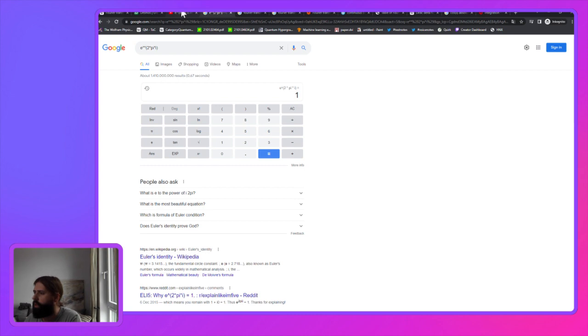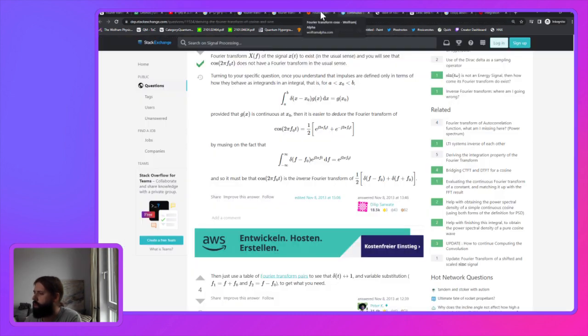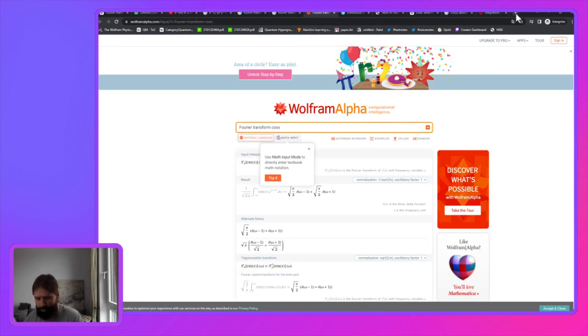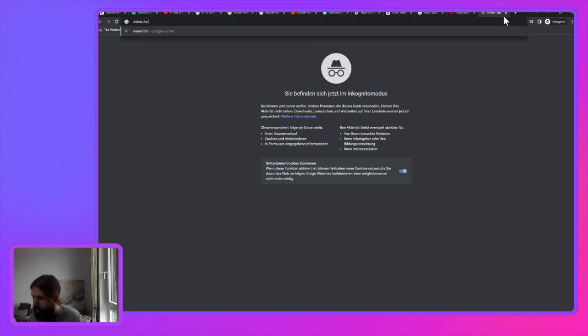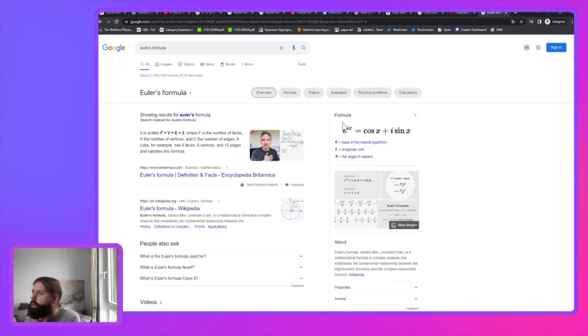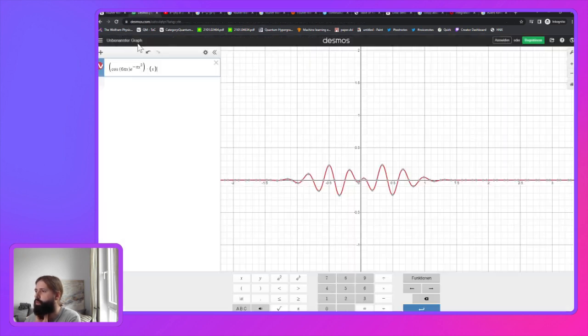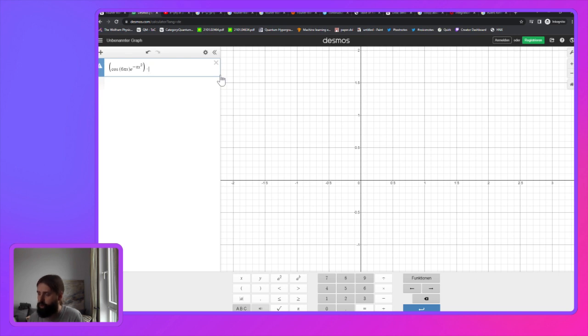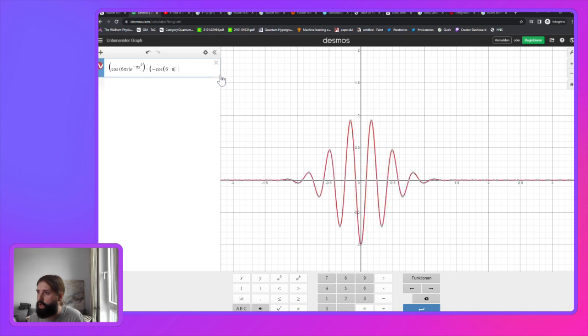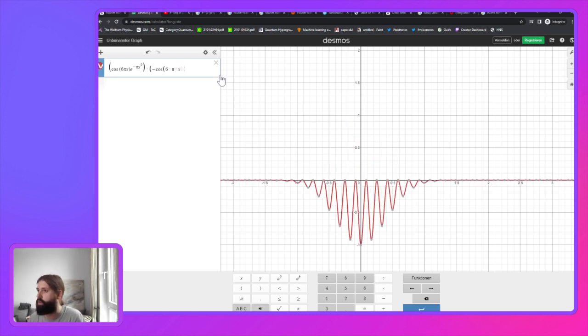Because the one is the Euler's formula. It's plus, so when it's minus, it's both minus. Okay, so it's both minus, whatever. So times minus cosine of 6 times pi times x.